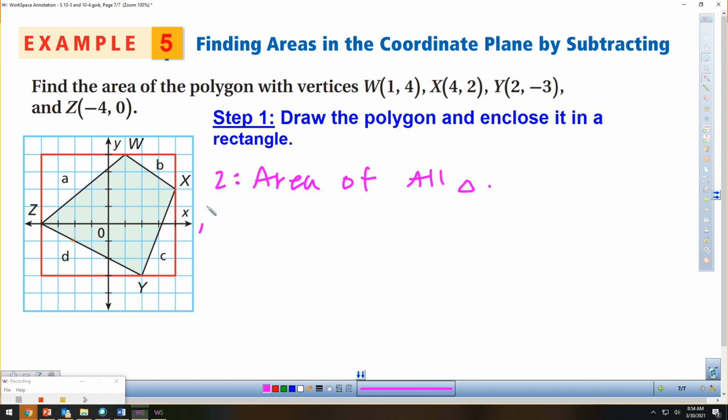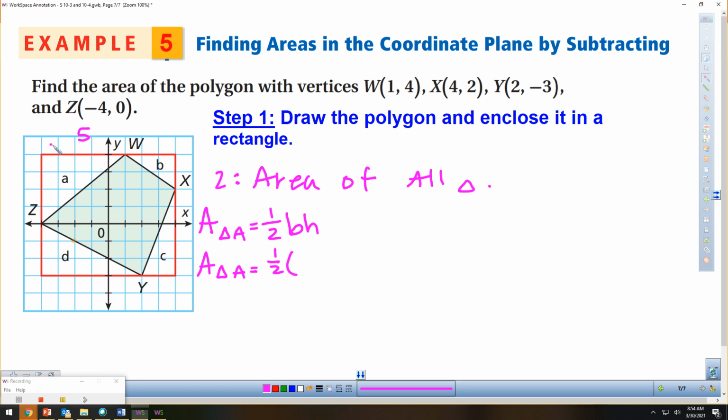Okay, so the area of triangle A is just 1/2 my base times my height. So if I look at area of triangle A, what is the base of this triangle? 5.